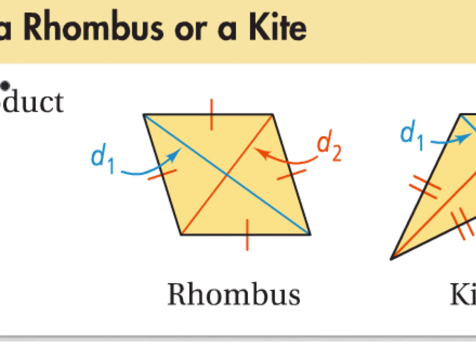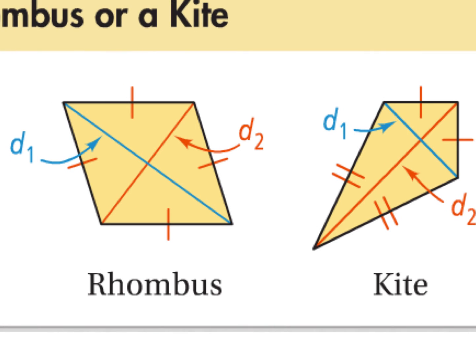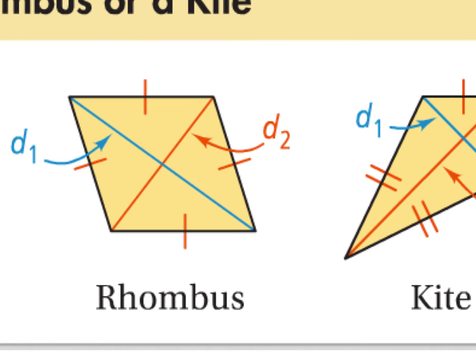So let's go on to kites. Kites have the same formula, 1/2 D1 times D2. Here's what to notice on rhombuses. When you were doing rhombuses, the diagonals bisect each other, if you remember that from Unit 4 or Unit 5, I believe.